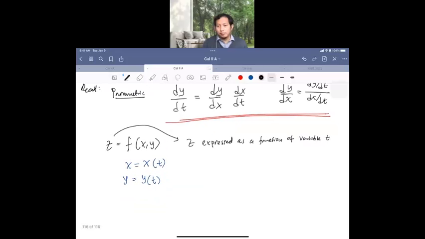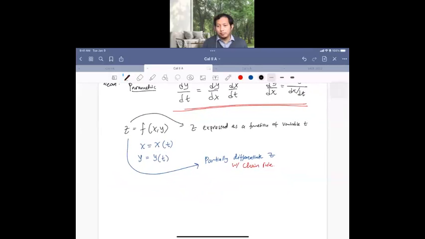How are we going to do that? We are going to partially differentiate z using the chain rule. So we can write z with respect to t now.